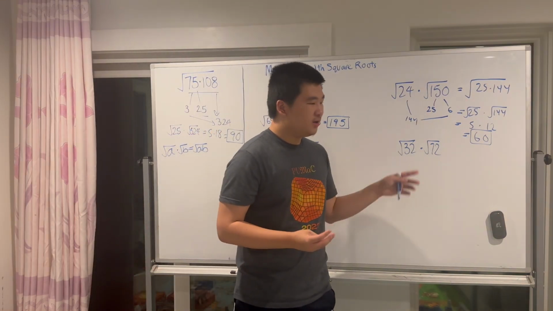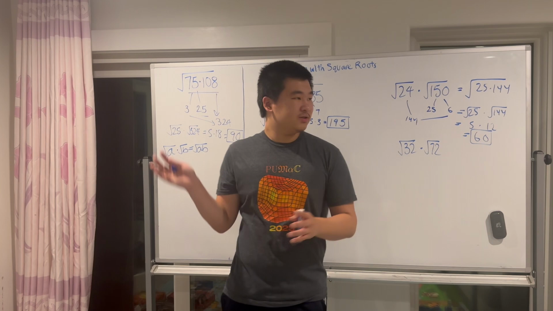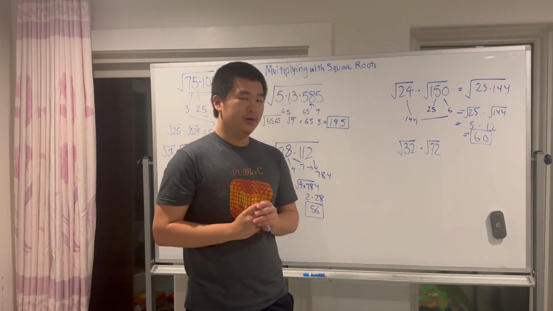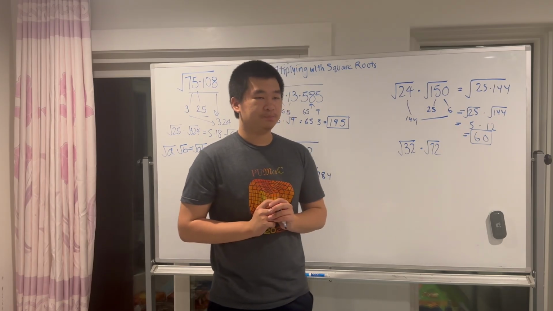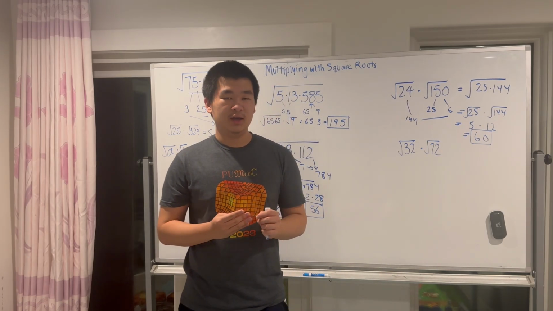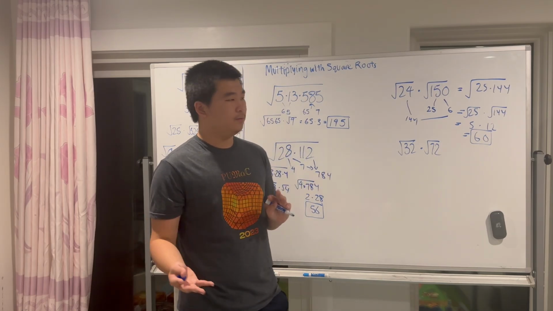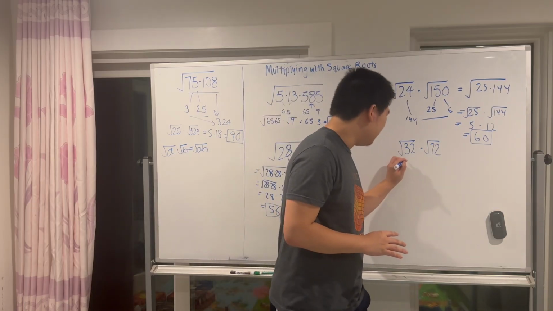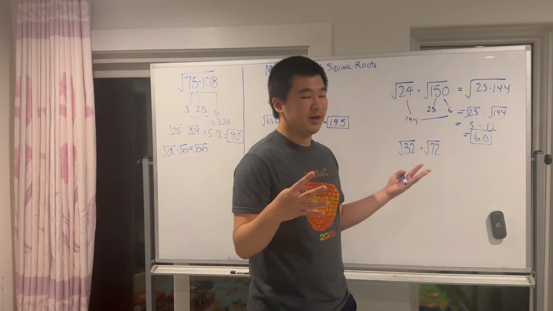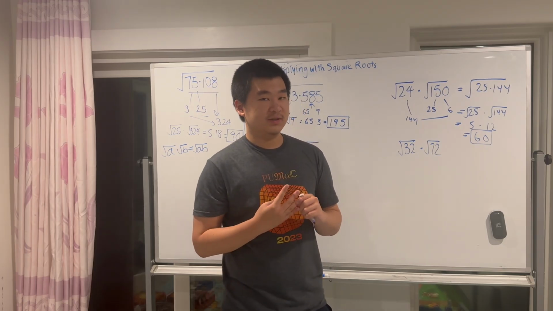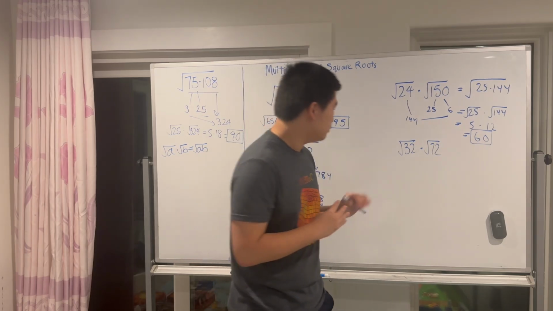Now, our final question, hopefully these have prepared you for this one, so try to get ahead of me on this one if you haven't already. Square root of 32 times the square root of 72. Now, I would say it's pretty easy to look for a perfect square in either of these, but I usually just start with 32 because it's the first number. Hopefully we might recognize this as 2 to the power of 5, but in this problem, it's more important that we see it as 16 times 2.